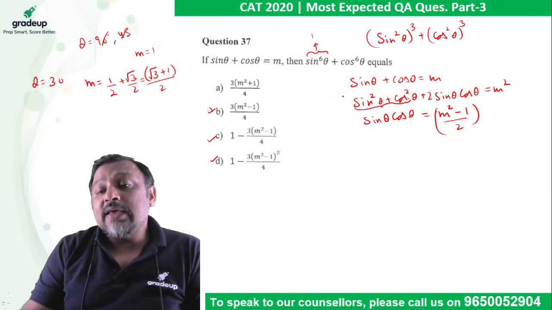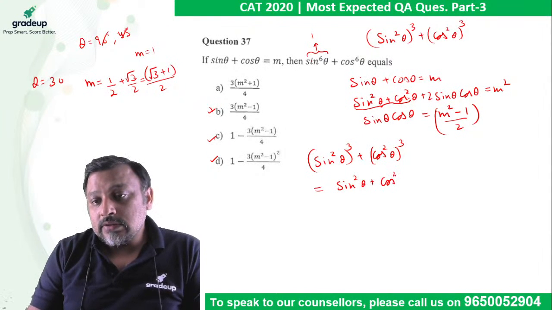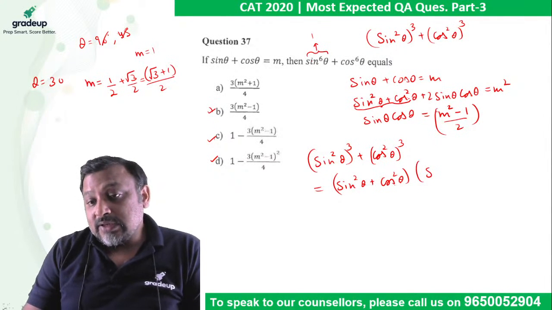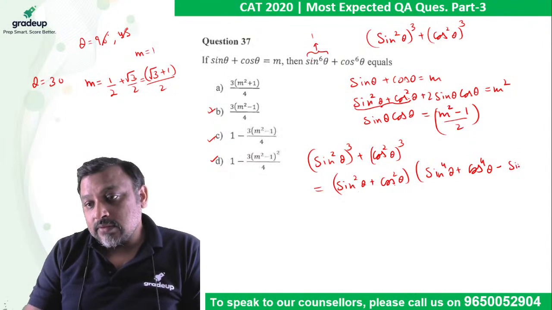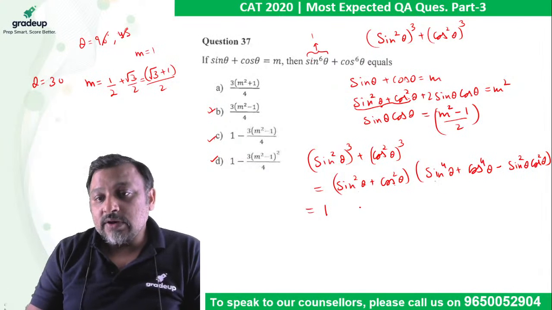So now if I apply a cube plus b cube to this, this can be written as sine square theta plus cos square theta, which we know is 1, into a plus b into a square plus b square minus ab, which is, this is 1.